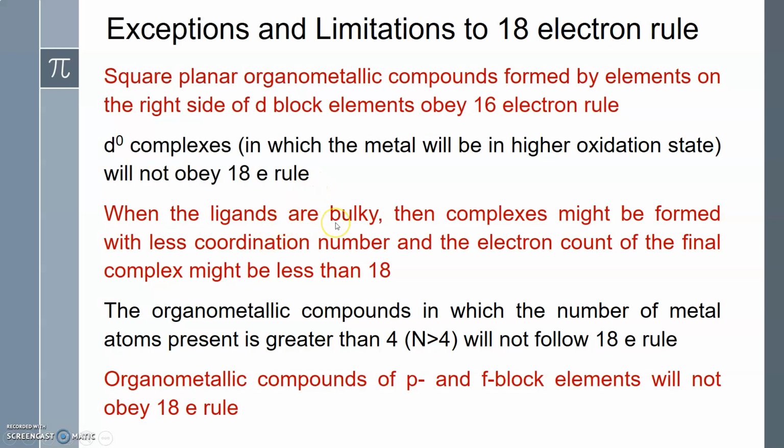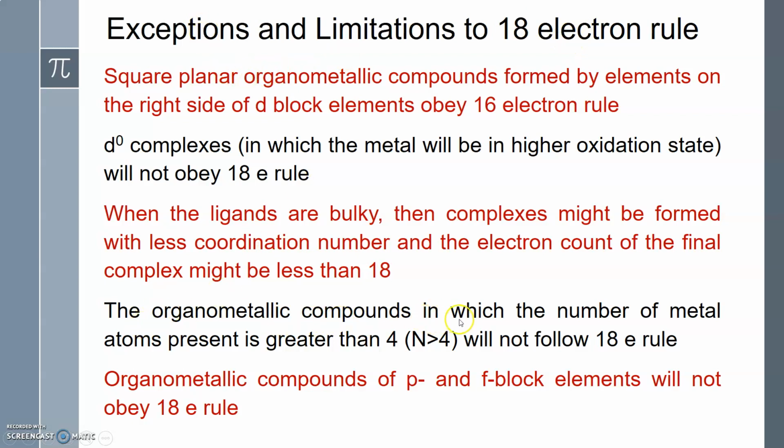And when the ligands are bulky, then the complexes might be formed with less coordination number, right? Because it's bulky, it occupies so much of space, so the coordination number might be less. So the electron count also will be less than 18. So in that case, the 18 electron rule will not be obeyed. So this is an exception.